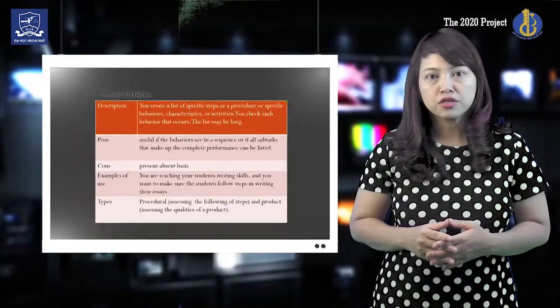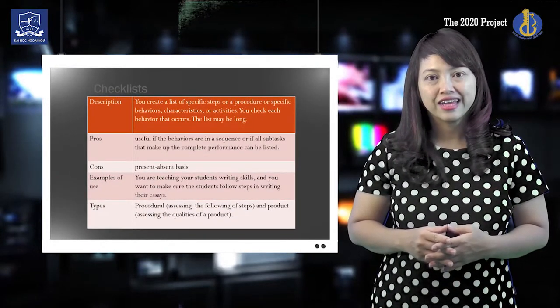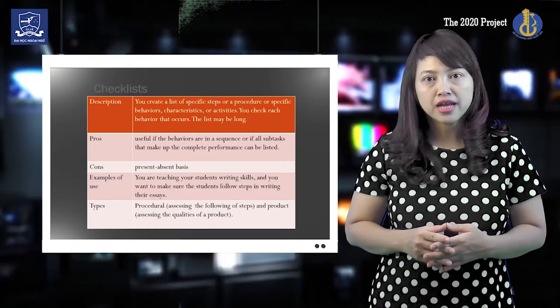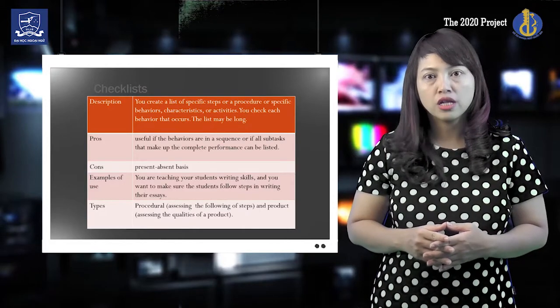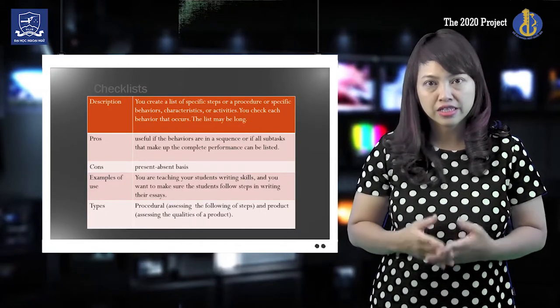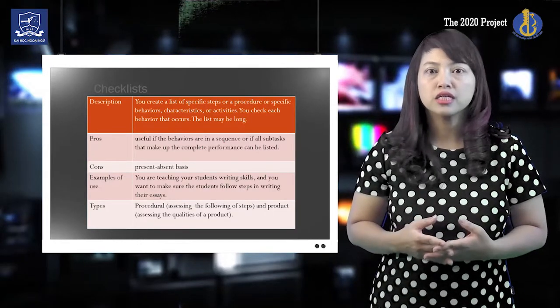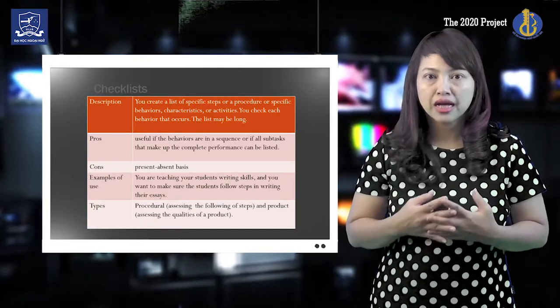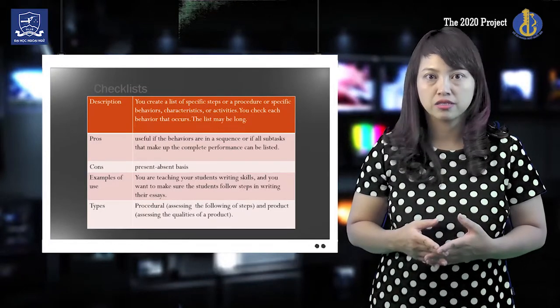The next instrument for recording student performance is very familiar. It is named a checklist. This means teachers create a list of specific steps of a procedure or a list of behaviors, characteristics, or activities. The teachers or students can use the checklist by checking or ticking at the behavior which occurs.